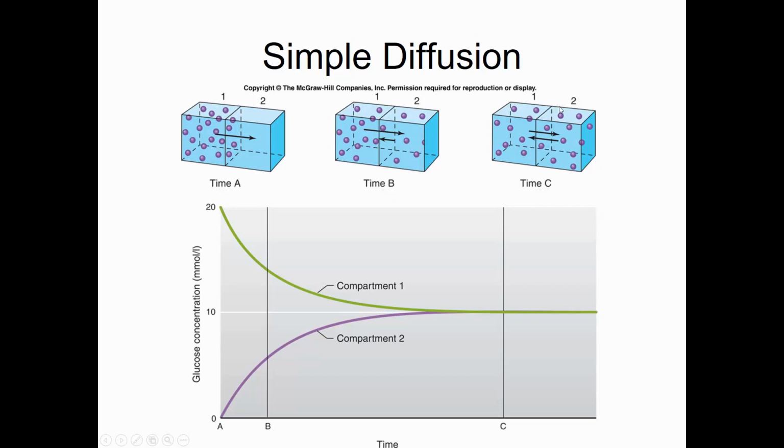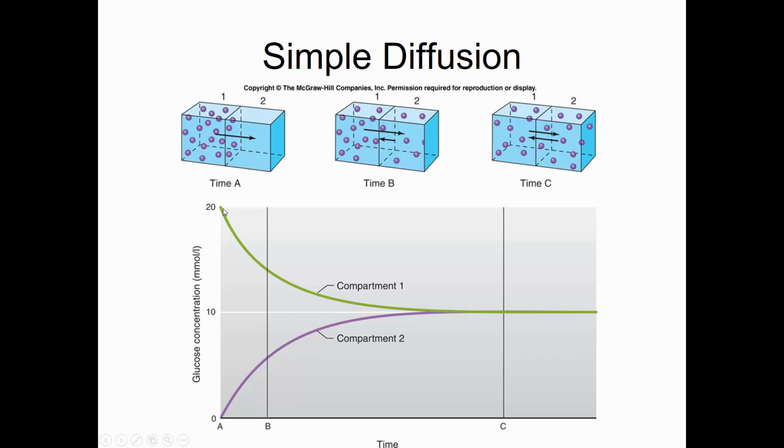You'll get to the point where both compartments have the same concentration, but movement still continues. But at this point we have no more net diffusion. If we look at the concentration gradients of the two compartments, one that had 0 glucose and one that had 20 millimolar glucose, you see that diffusion is not a linear process.